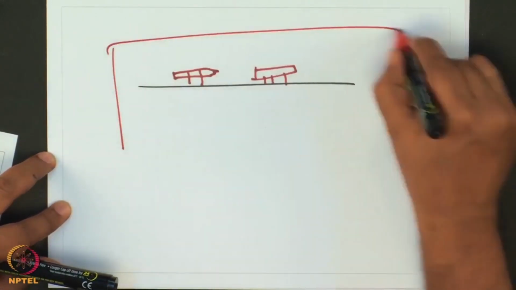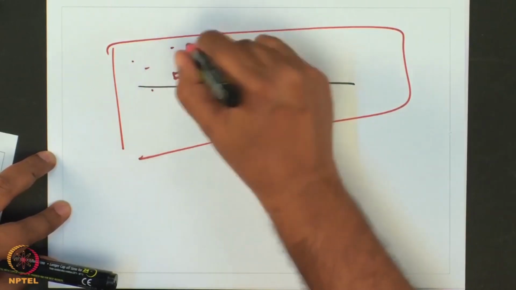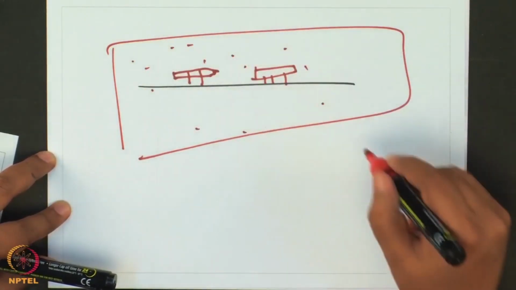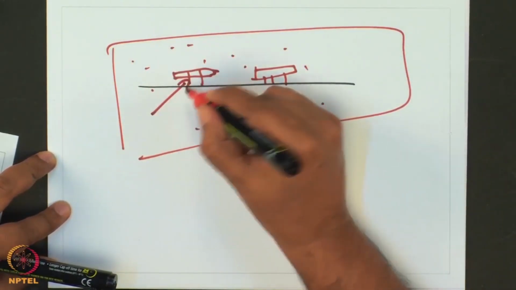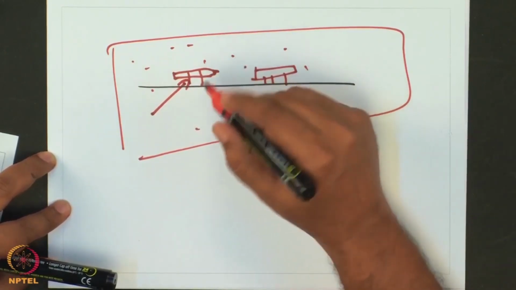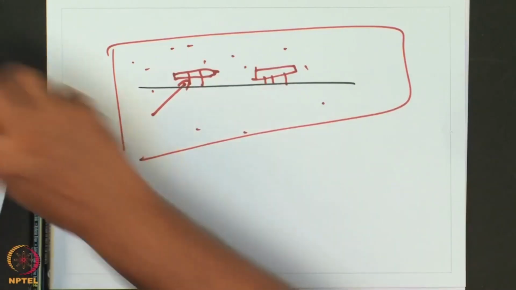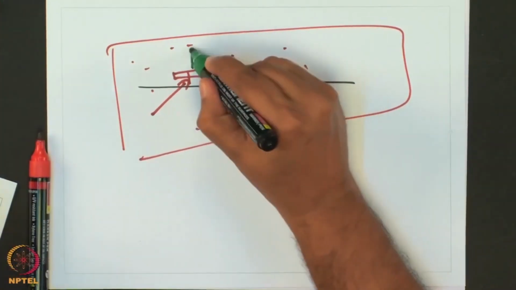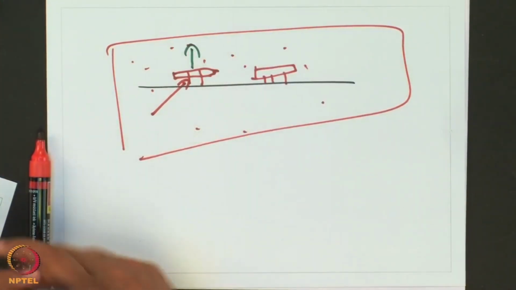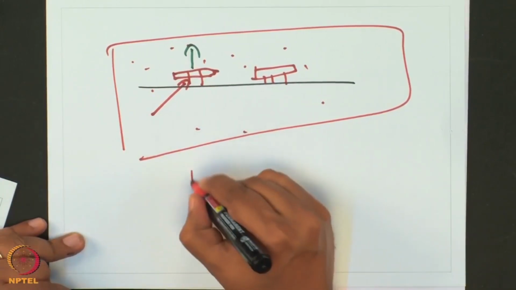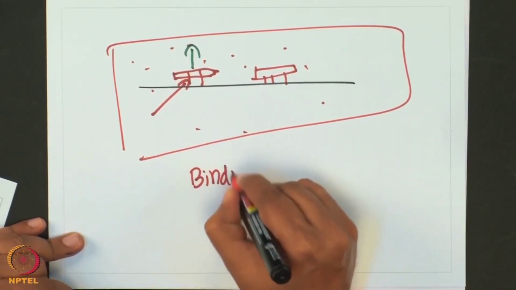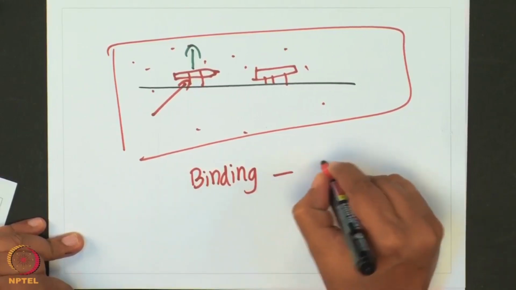And this is in water. So water molecules are doing random zigzag motion, and these water molecules can go and hit and break these bonds, and because of this breaking of bonds, these protein molecules will come off. So there can be binding and dissociation.